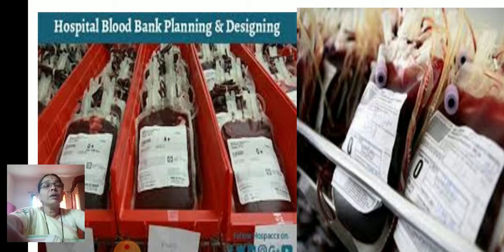These are the packets from the blood banks. Your blood is stored with an anticoagulant solution so that the blood does not clot. If blood is removed from the body and kept for a longer time just like that, it will clot, meaning it will become like curd.